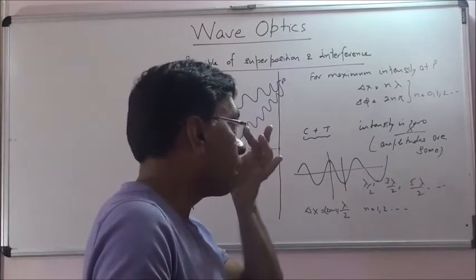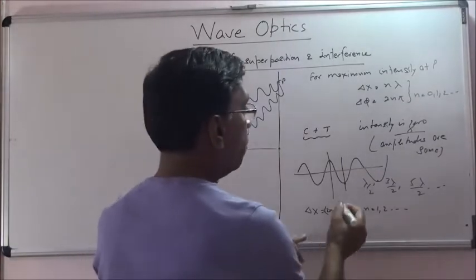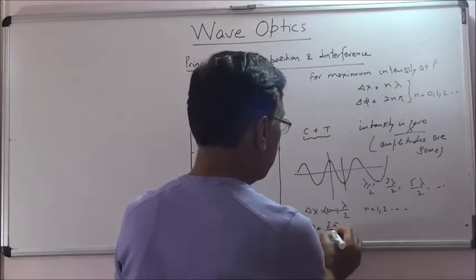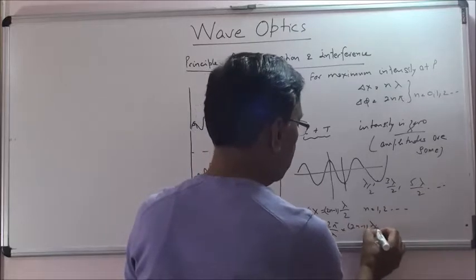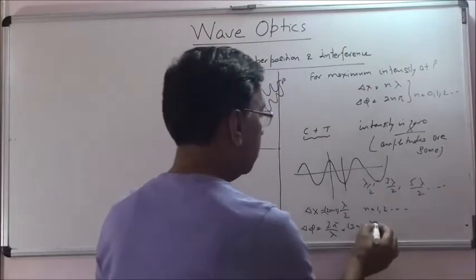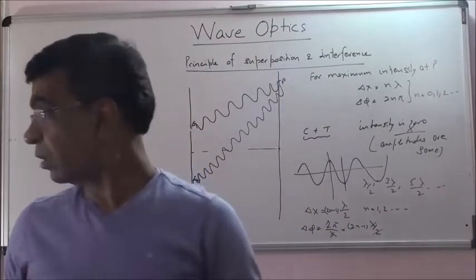So this will give me the minimum. And in the same way, applying phase difference is 2 pi by lambda into path difference, 2n minus 1 lambda by 2, so the phase difference is 2n minus 1 pi.